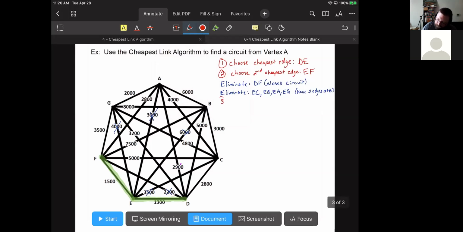We're now ready to choose again, so we're going to choose the next cheapest edge. So again, take your time, make sure you pick the correct next cheapest edge, which would be A to G for 2,000.